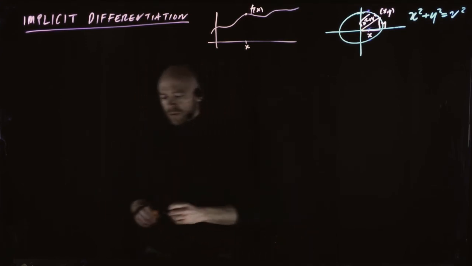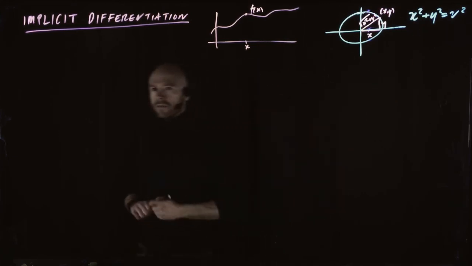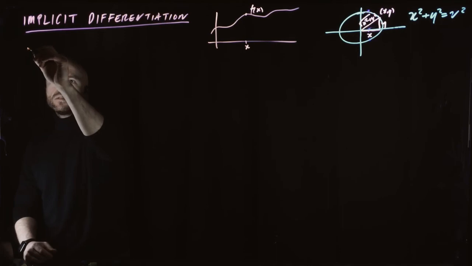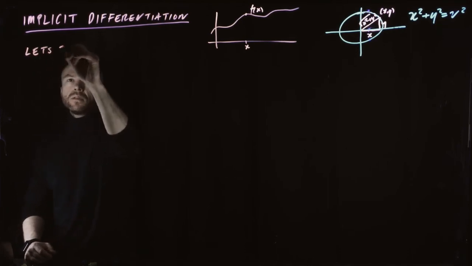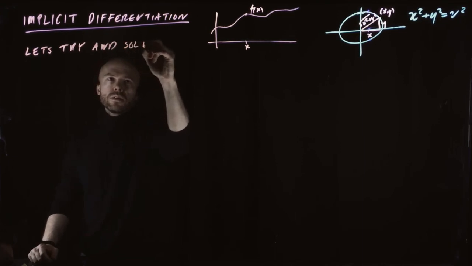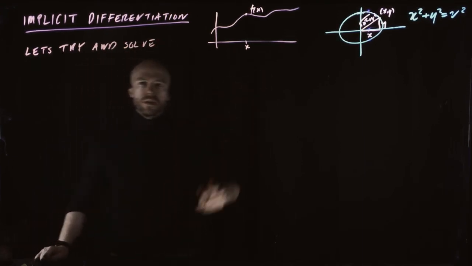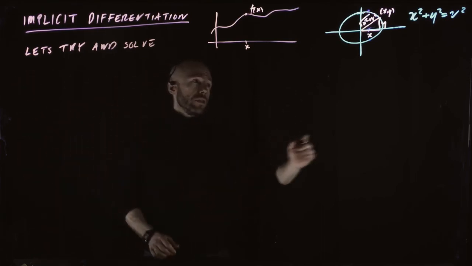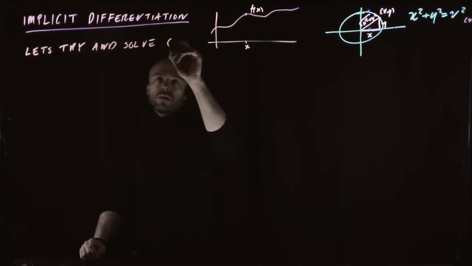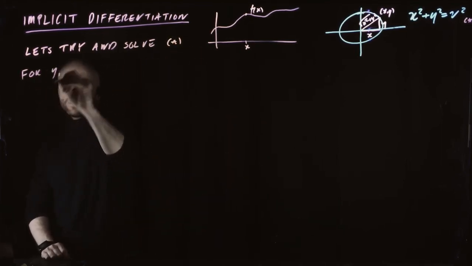So let's see what happens if we try and write this thing as the graph of a function. Let's try and solve this equation, star, for y, because this is indicative of why what we're about to talk about works. What happens?